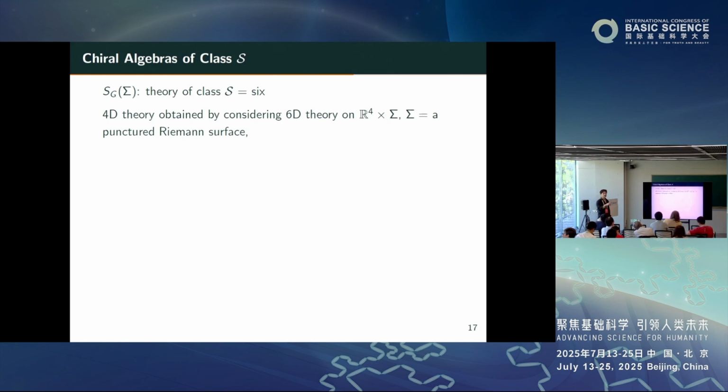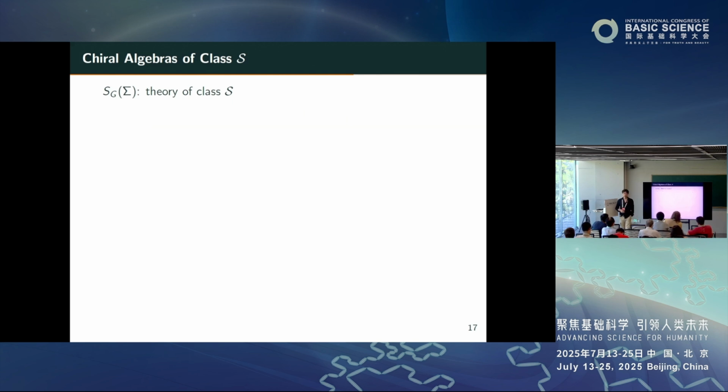You consider a 6-dimensional (2,0) superconformal field theory on R4 times a punctured Riemann surface, and you shrink the punctured Riemann surface to make it very small. Then you get some 4D theory, which of course depends on the punctured Riemann surface you choose. So this is indexed by this punctured Riemann surface, and also the flavor symmetry group G, which is a semi-simple group.